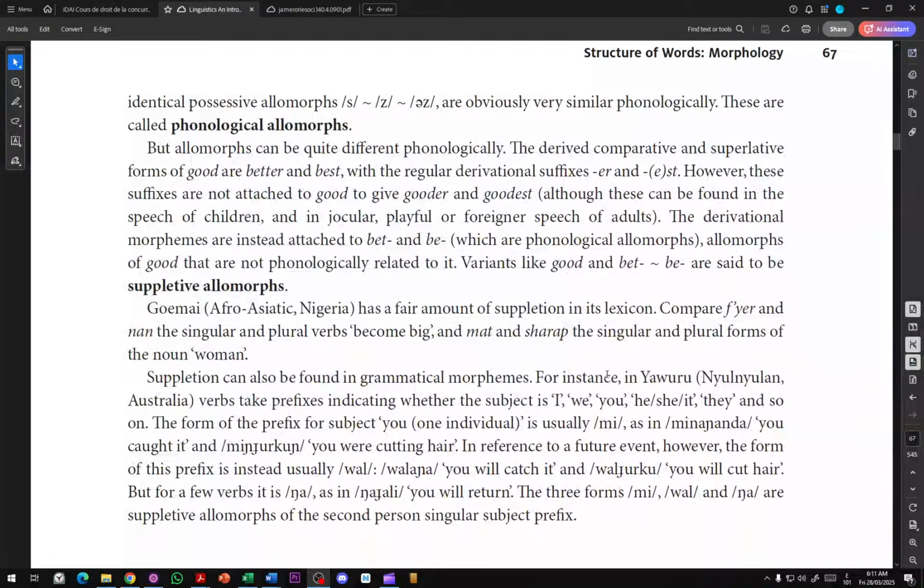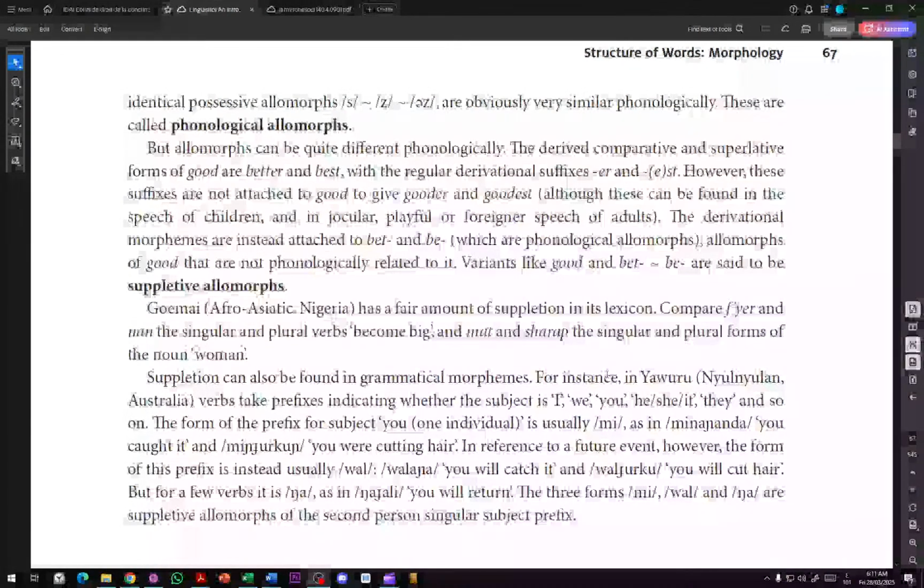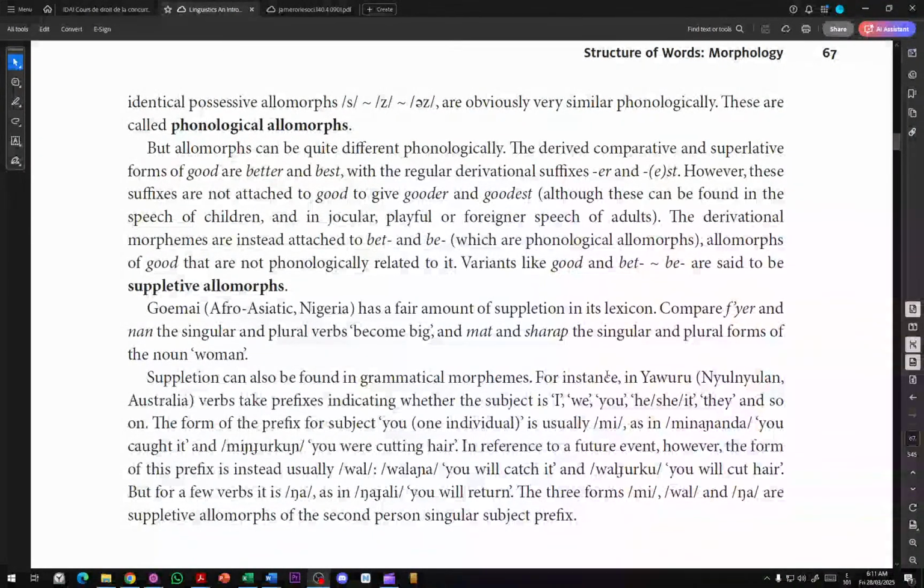The derivational morphemes are instead attached to bet and be, which are allomorphs of good that are not phonologically related to it.